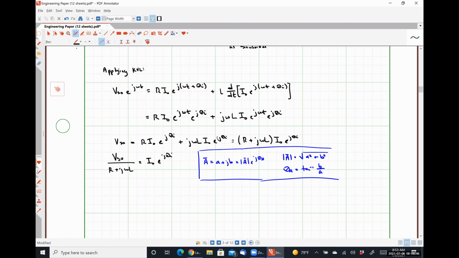So what we need to do now is to figure out how to split the left-hand side into its real and imaginary portions. And then we can directly apply both of these rules to figure out what the magnitude and what the phase angle is. So any thoughts on how we effectively get rid of the complex number in the denominator to create a complex number in the numerator with a real denominator?